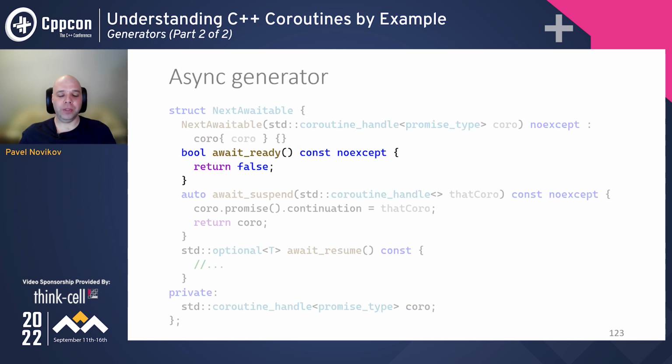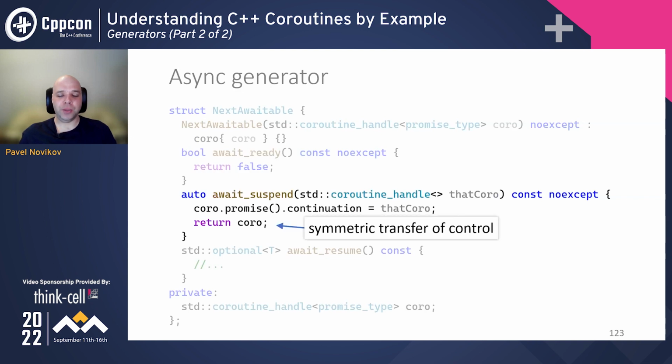Await ready always tells that the result is not ready. At await suspend, we suspend the outside, this current coroutine that awaits on the next awaitable. We store that coroutine handle as continuation.